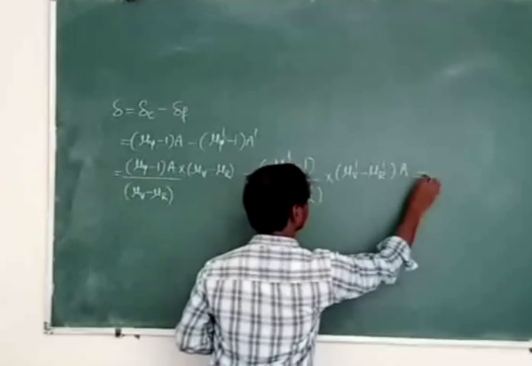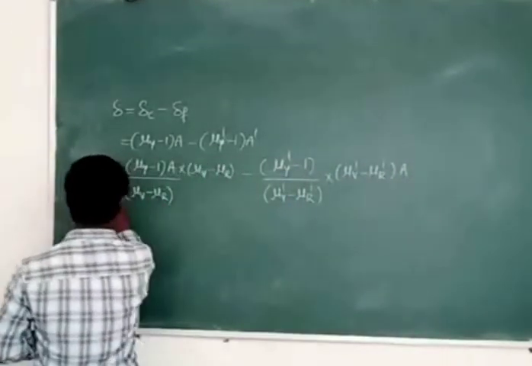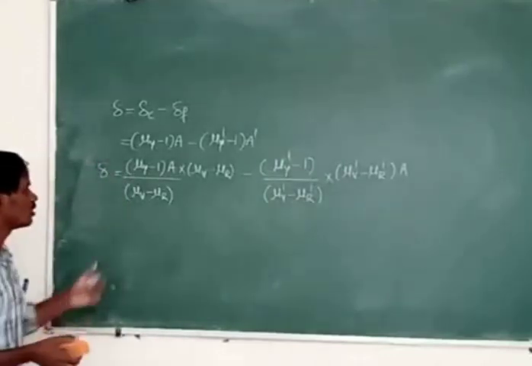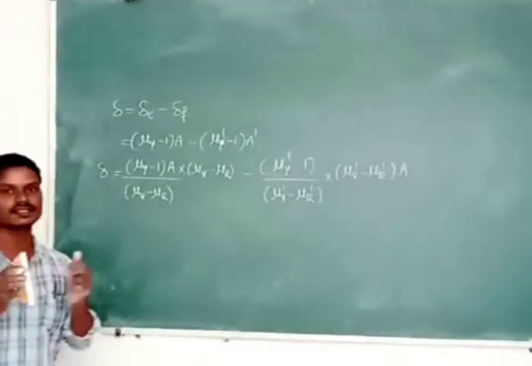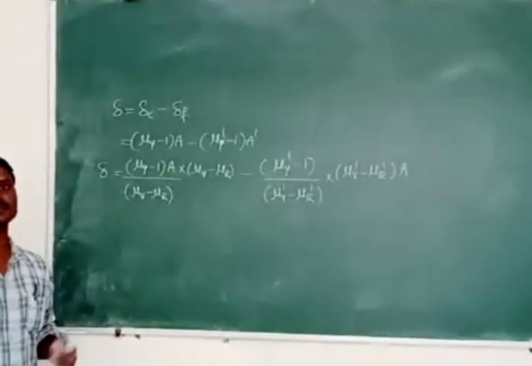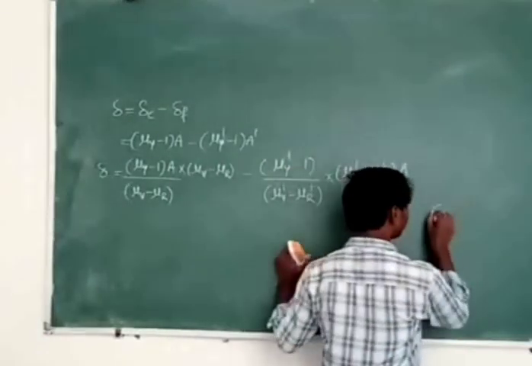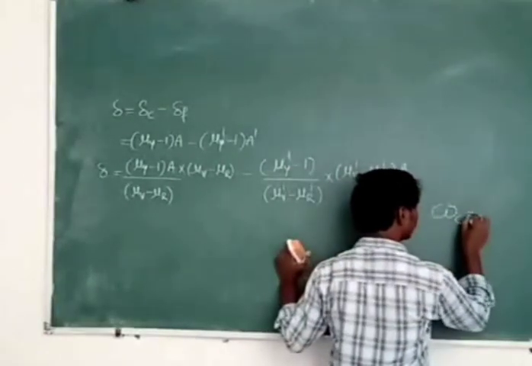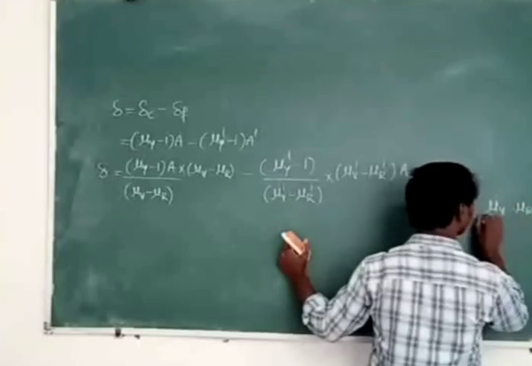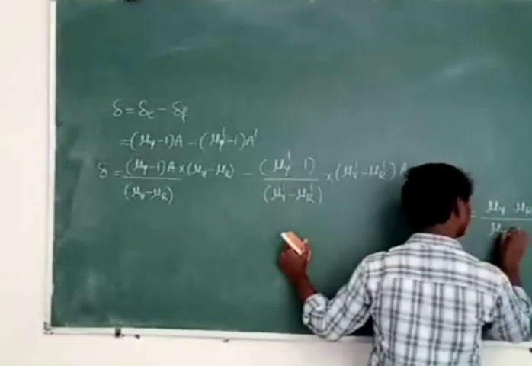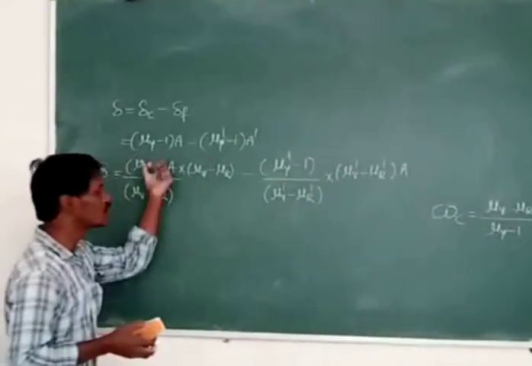That is equal to delta, which we have already taken. Then what is (mu_B − mu_R) divided by (mu_Y − 1)? Here it is nothing but the dispersive power of crown glass. How to write the dispersive power of the prism of crown glass? That is omega_C is equal to (mu_B − mu_R) divided by (mu_Y − 1). But here this is an inverse case.